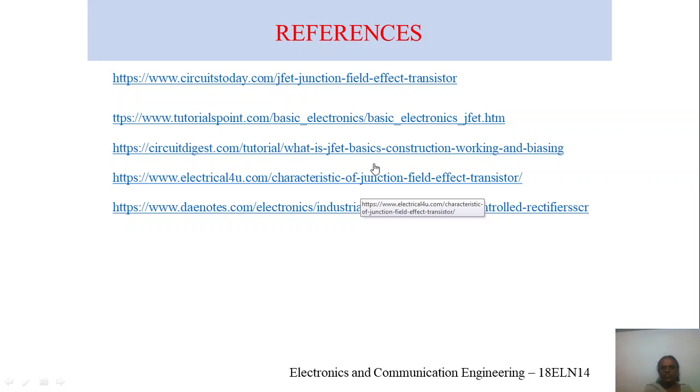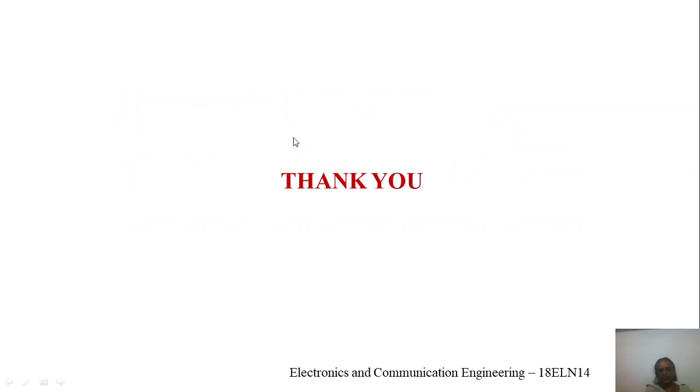Not only that, you can also see the derivation of the equations, that is, the relationship between RF and R1. For more details, please refer to any prescribed textbook. Okay, thank you.